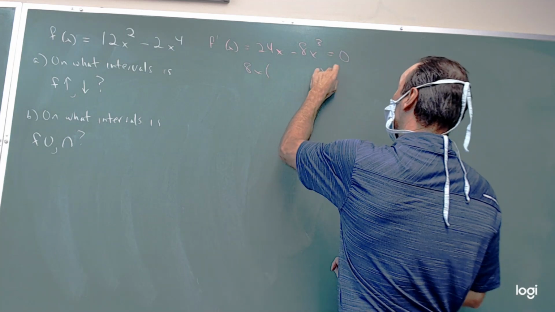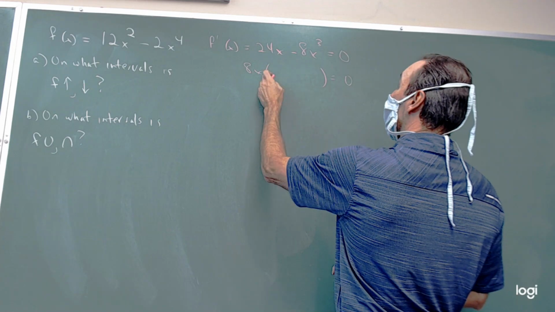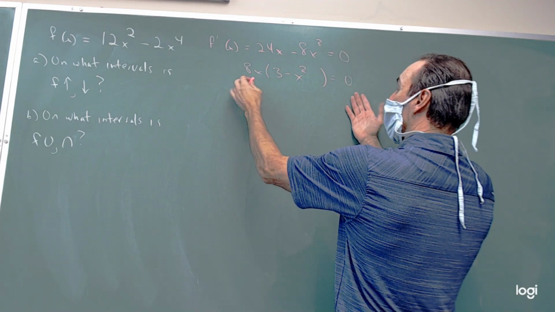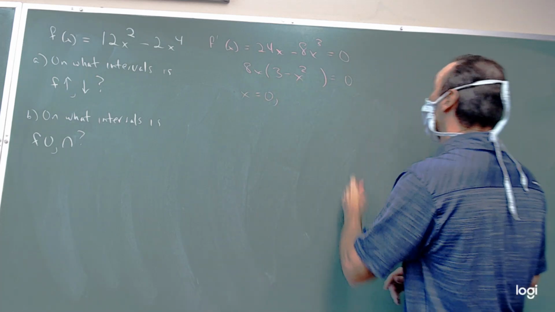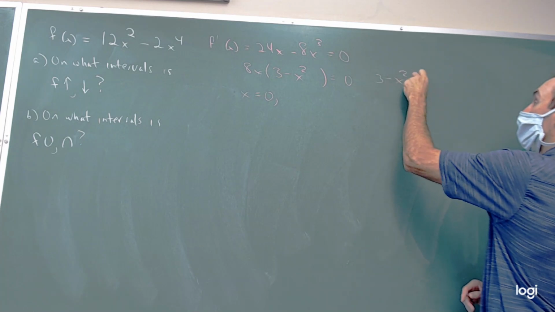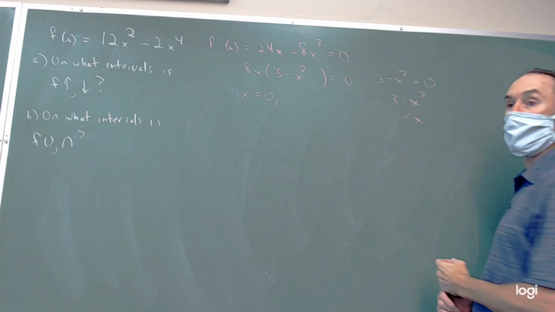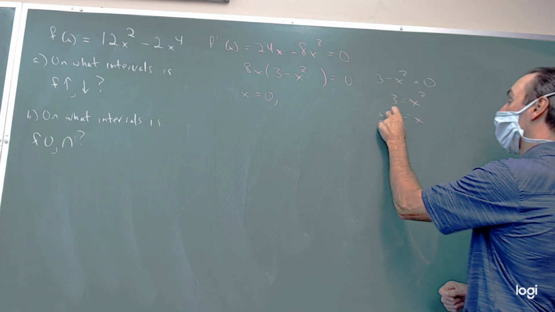And that's going to leave behind 3 minus x squared. So if this is equal to 0, then x could be 0. And we need to know where 3 minus x squared is equal to 0. That's going to be when x is positive or negative square root of 3, plus or minus square root of 3.